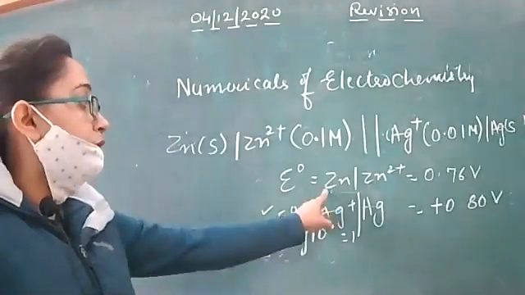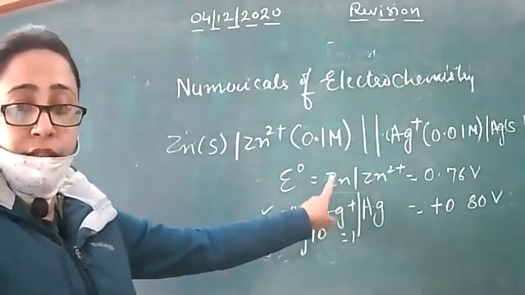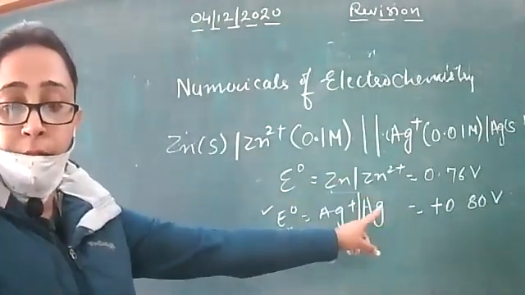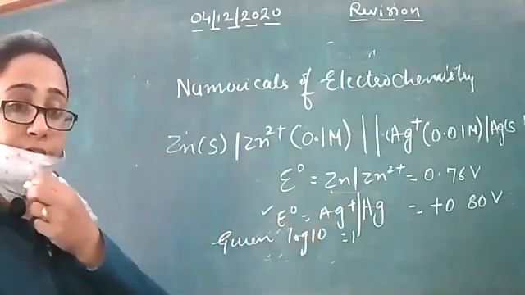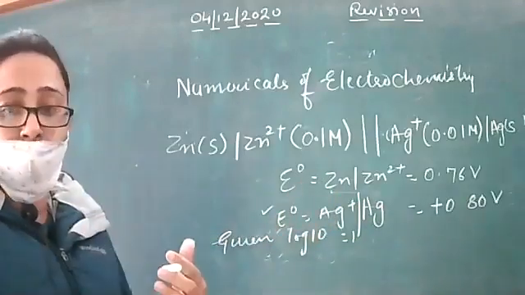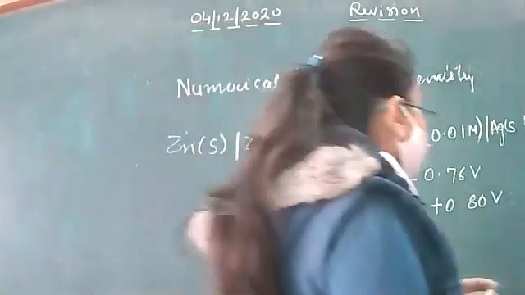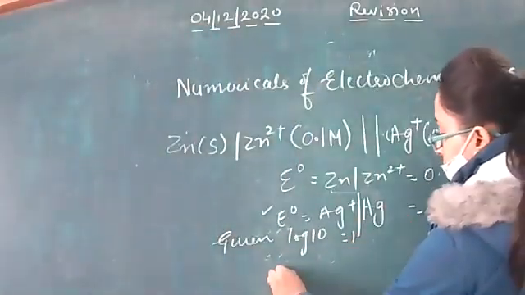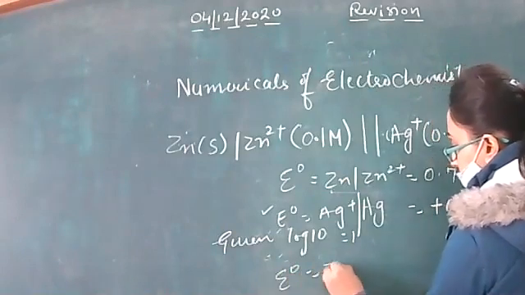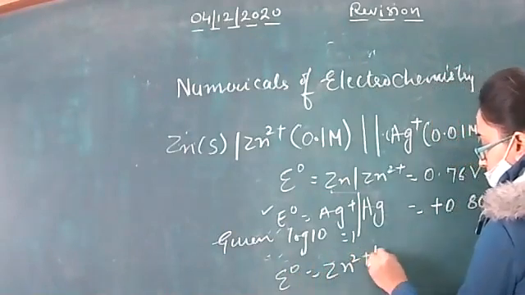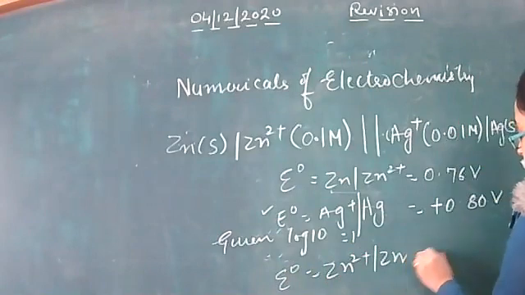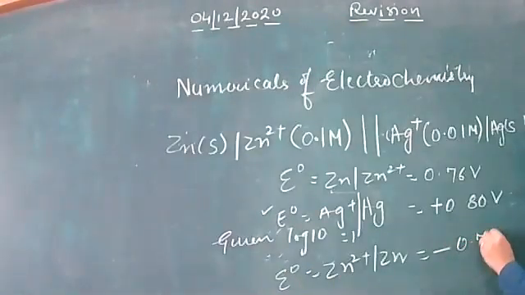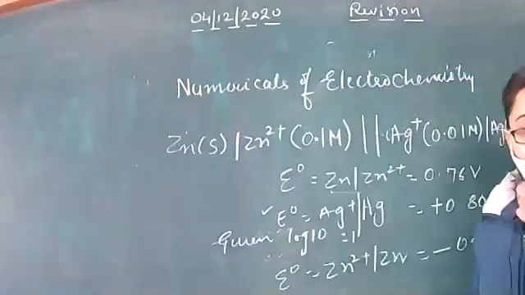But in this particular case, the E naught value is given for zinc to Zn2+, meaning it is getting oxidized, and thus it is called oxidation potential. To make it the reduction potential, you will convert it to minus 0.76 volt. See the question carefully.